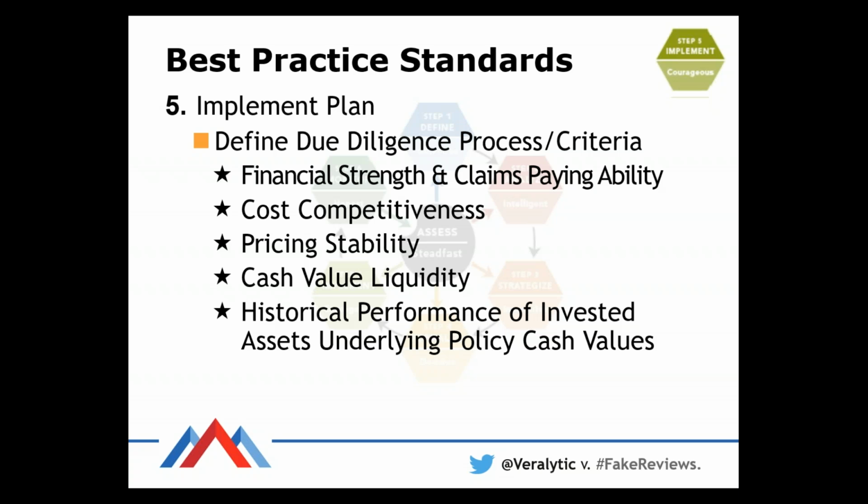In the Veralytic system, each metric, each factor of competitiveness, is awarded a star. So if you've got a product that's competitive overall, it's going to get 5 stars. If it's a life insurance product that is not as competitive in one area, then that area might get half a star.